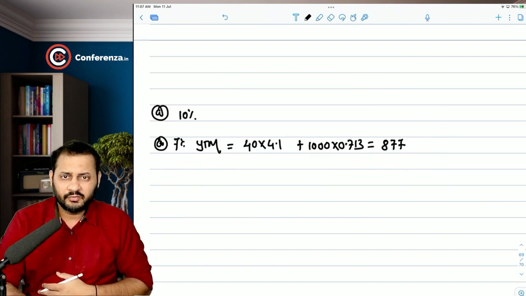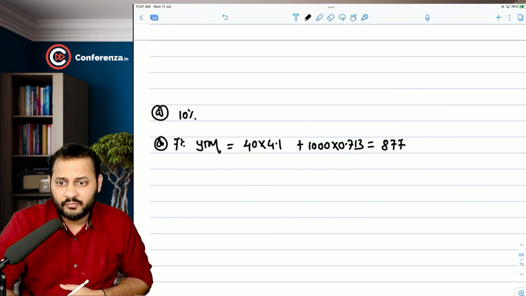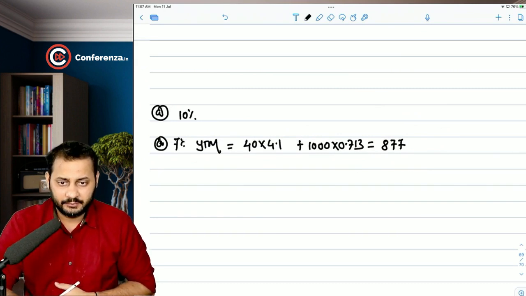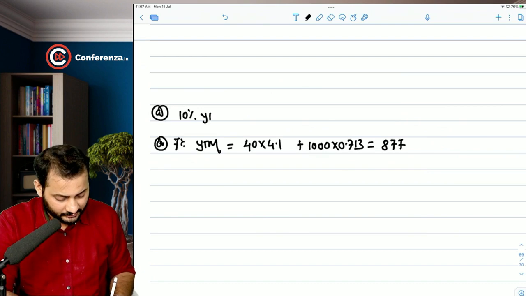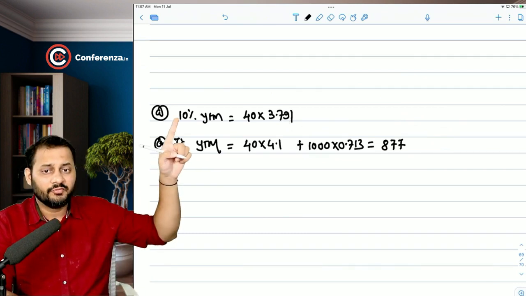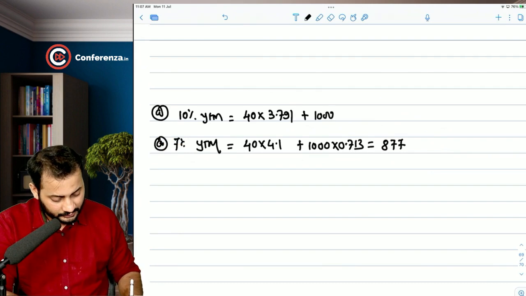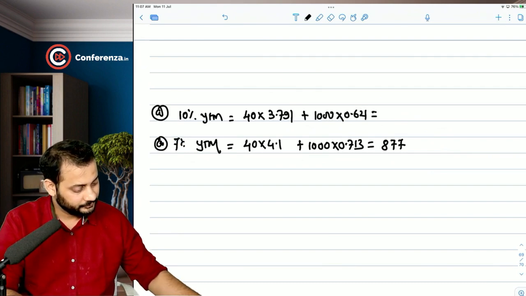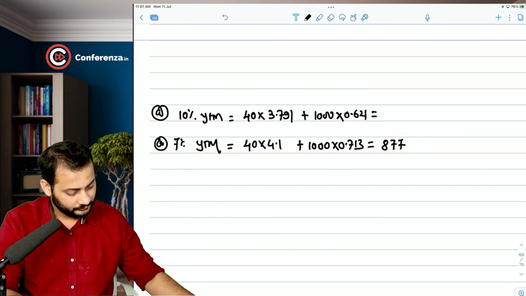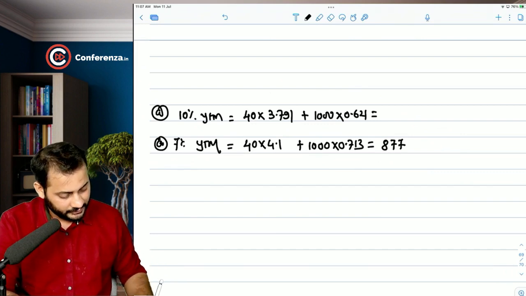We have increased the YTM, and if we are increasing the YTM, what will happen? 40 into 3.791, which is the 5-year annuity factor at 10%, plus 1000 into 0.621. So the answer will be 772.64.